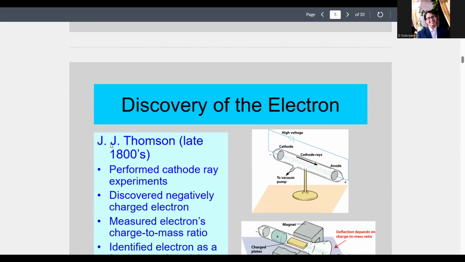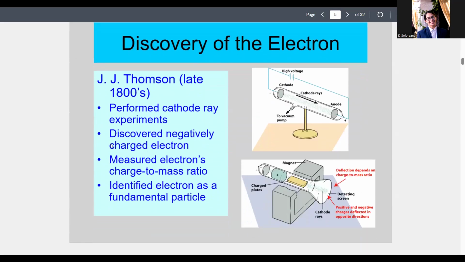So there's that. Some experiments that led to the discovery of different parts of the atom include the cathode ray experiment by J.J. Thomson, where he basically shot a beam of whatever electricity is made of from the cathode to anode plates in a vacuum. These cathode rays usually had a vacuum pumping the air out, so they knew that it was not air that was making the light, essentially.